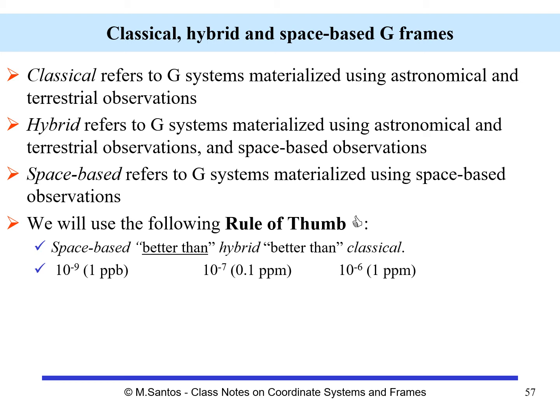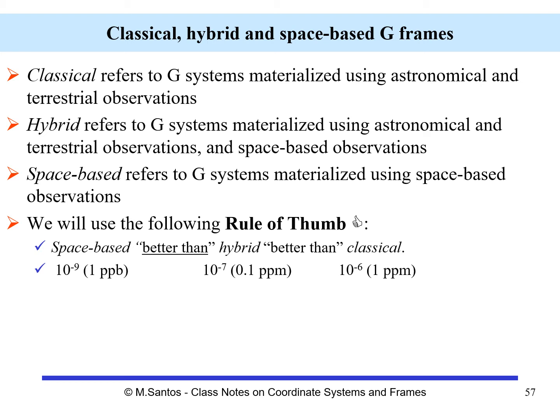And we have the space-based geodetic frames, which refer to the geodetic systems which are materialized using space-based observations. So that's purely space geodesy. And there is a hierarchy among these three names I'm using: classical, hybrid, and space-based G-frames.